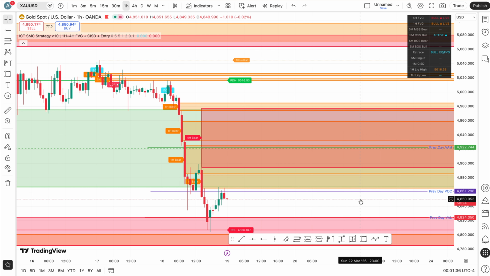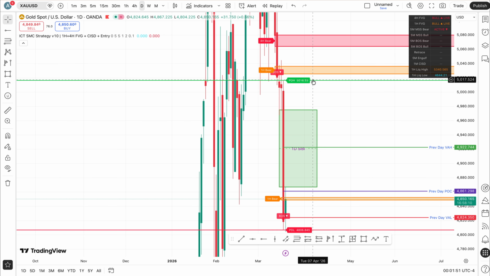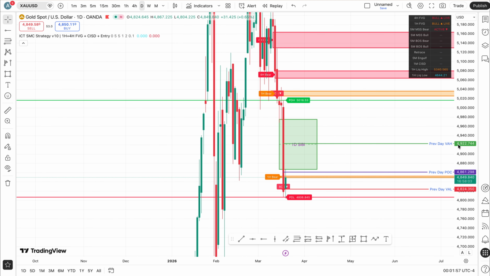And we now consider the psychological levels, and as you can see, 5000 was acting as a very strong resistance level. You can see the number of times, and if you go back days, you can see the number of times the market has been retracing and testing this level, though it has now broken that level, right?